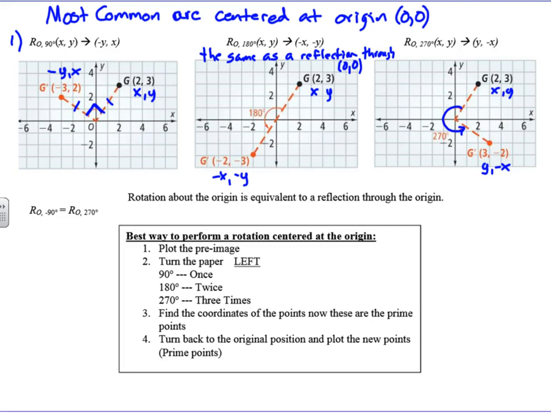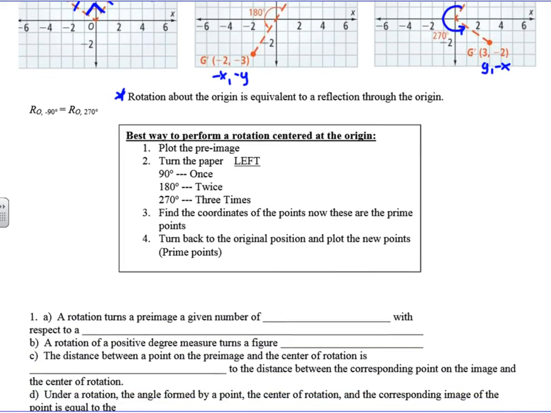All right. So what we said here, I just wrote there, a rotation about the origin is equivalent to a reflection through the origin. The best way to do this is a little hard to illustrate as I'm talking to you.